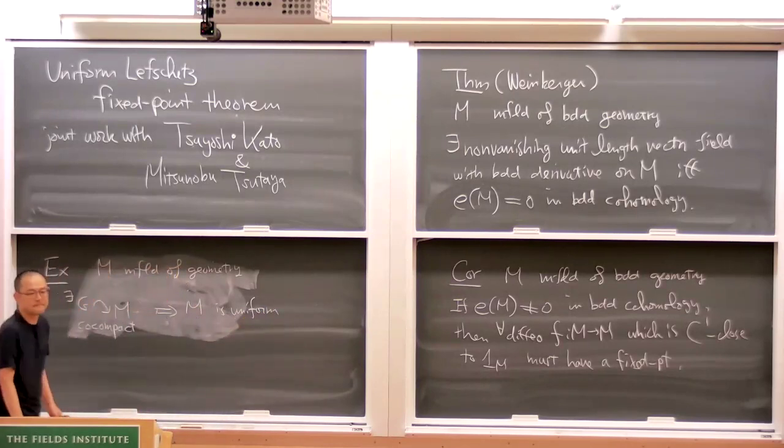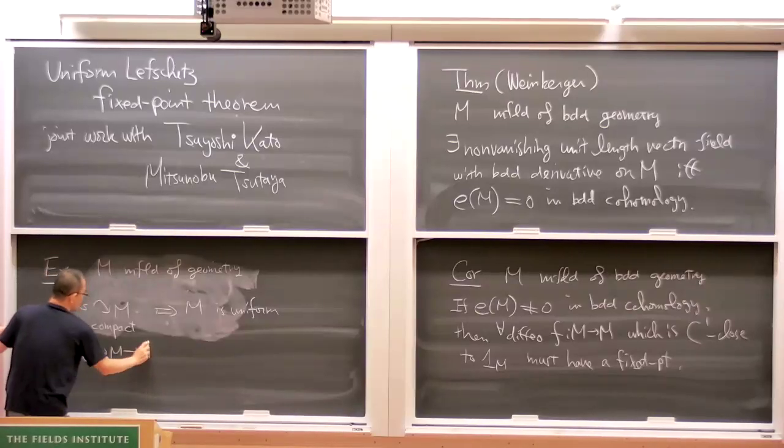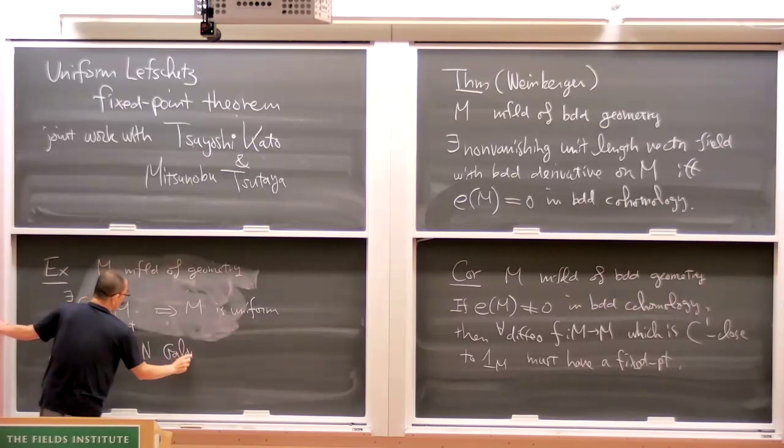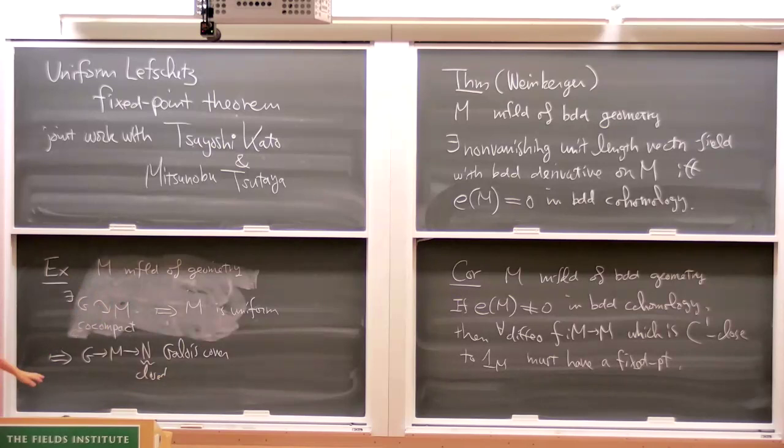So for example, if there is a Galois cover over a closed manifold N, and M is the total space of this Galois cover, then M is uniform. Okay.